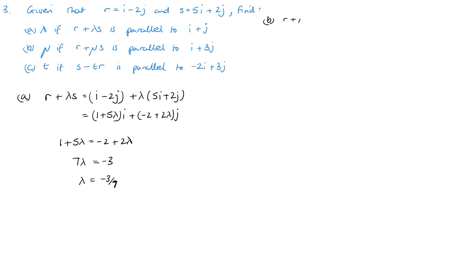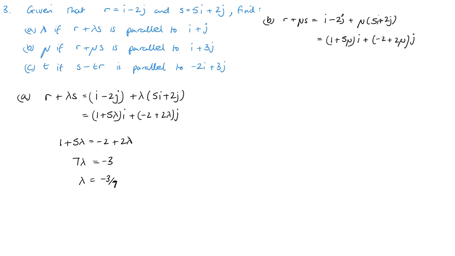So we've got r plus mu s, so that is i minus 2j plus mu times 5i plus 2j. So that is 1 plus 5 mu i plus minus 2 plus 2 mu j.